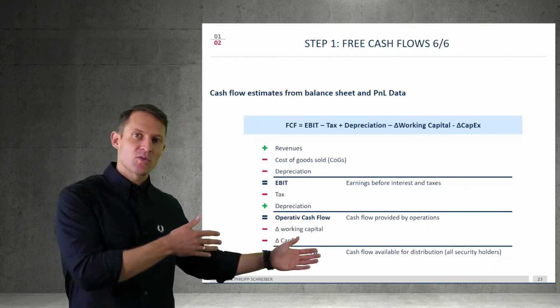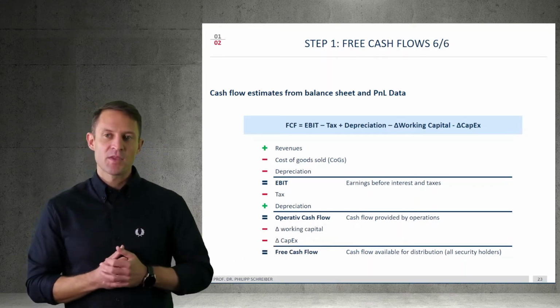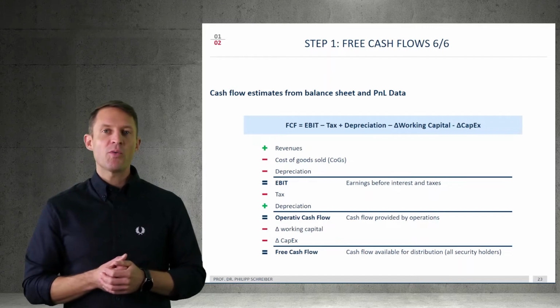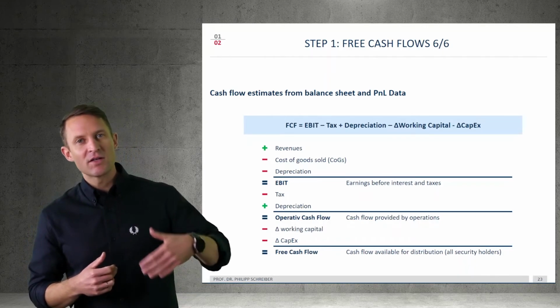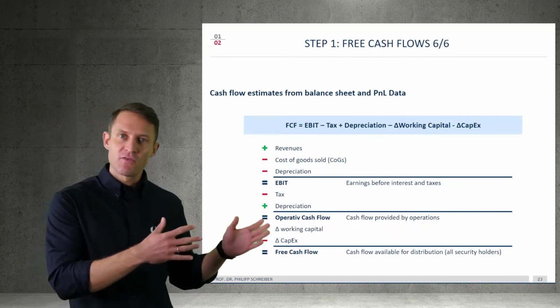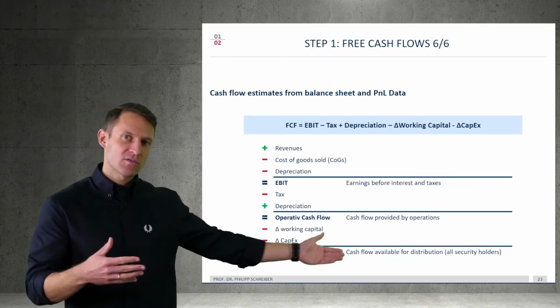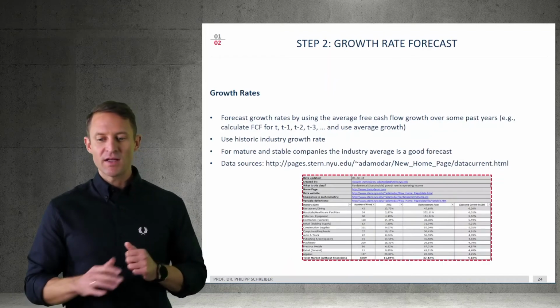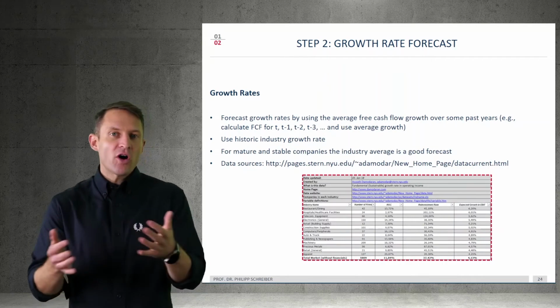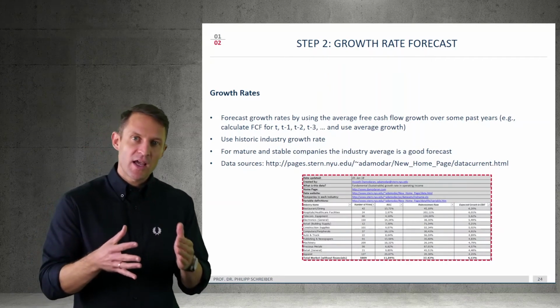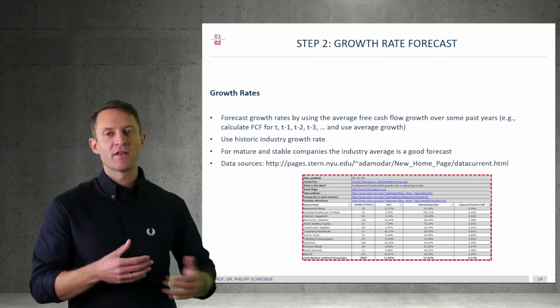We can only look at 2021 at best. And so what we have to do is make an estimate about the future free cash flow based on the free cash flow in the past. And this is the next step. We have to forecast by how much the free cash flow will be growing in the future.